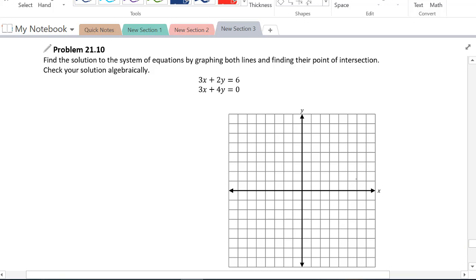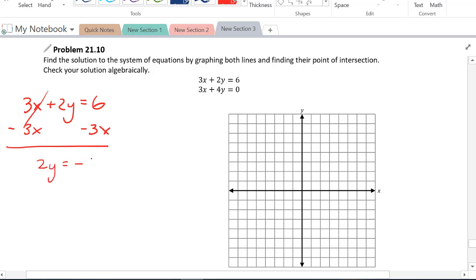So pretty much same thing. We're going to take the first equation, 3x plus 2y equals 6. Again, to plot it we have to solve for y, so use slope and stuff. So we get 2y equals negative 3x plus 6. Divide both sides by 2.